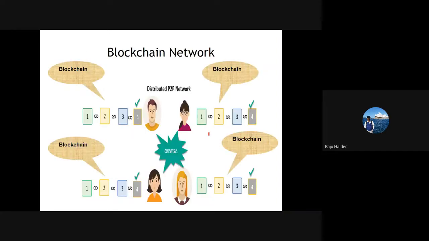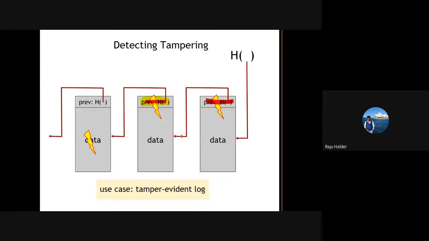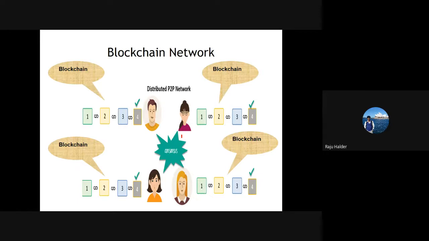Now, once this kind of network is formed, what happens in general is that the blockchain copy that I already mentioned before will be with every participant in the network.